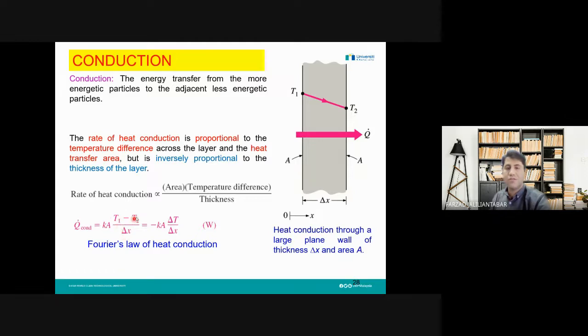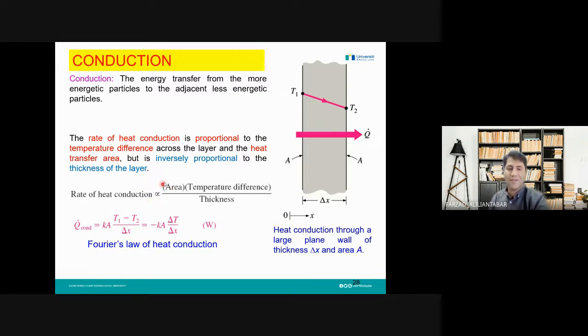What is T1, T2? Temperature at the first surface and the last surface, or two points actually, of the substance. Imagine this is a plane wall with a thickness of delta X. Then Q dot conduction for this plane wall is like T1 minus T2. What is delta X? It is the thickness of the heat transfer. What about K and A?